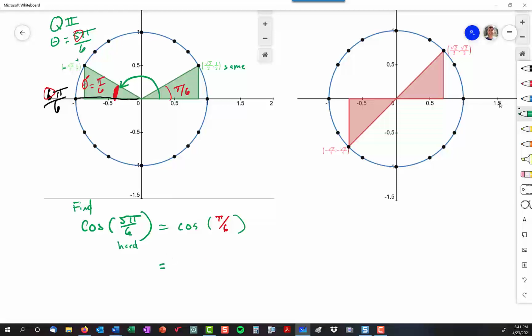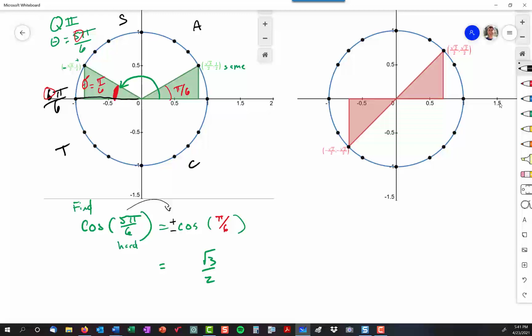Now, there is one slight adjustment to this calculation. Cosine of 5 pi 6 has an angle 5 pi 6 in quadrant 2, and we have a decision to make. Should the cosine of 5 pi 6 be positive or negative? And that's where we got to think back to our acronym for the quadrants, a smart trig class.